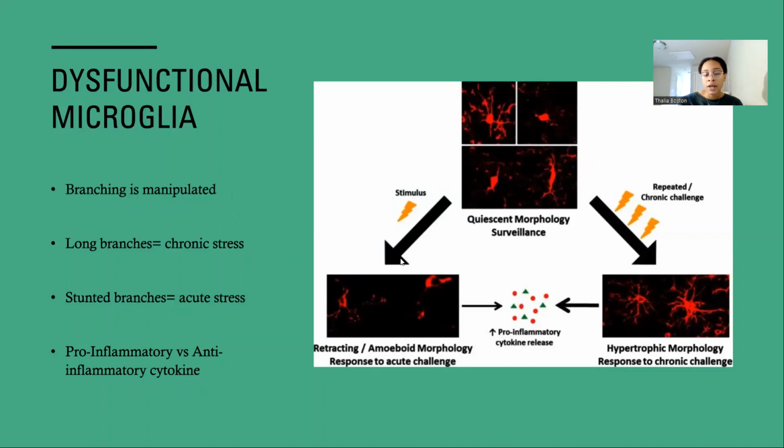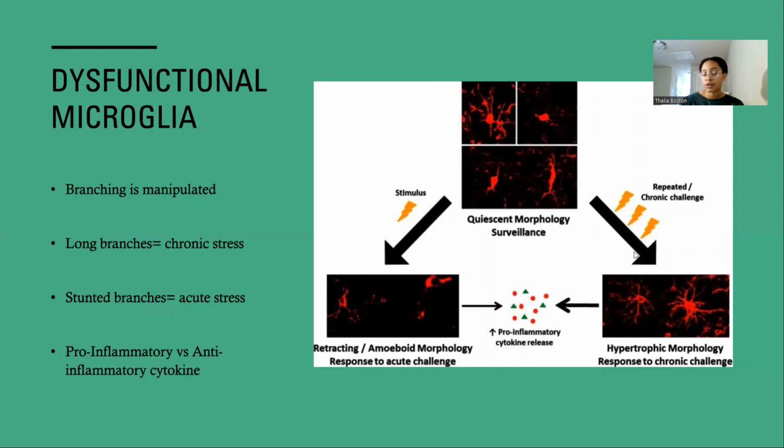If you look towards the left arrow, it shows what happens to the microglial cells when it just induces a quick shock, a short-term type of shock, which is acute stress. As you can see, in comparison to the image up top, the branches of the microglial cells shrink drastically, and when it shrinks drastically, it increases pro-inflammatory cytokines.